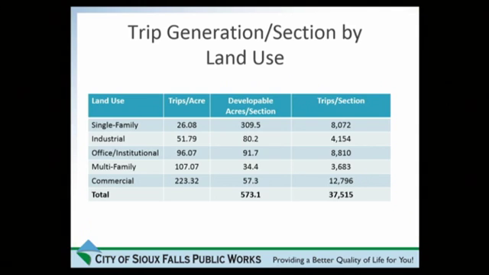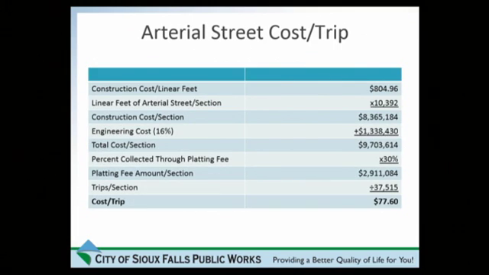And so for single family, it's 8,072. When you total those all up for all the different land uses, we come up with 37,515 trips per day generated per section of land. All right, now we'll use that trips per section here in a little bit.